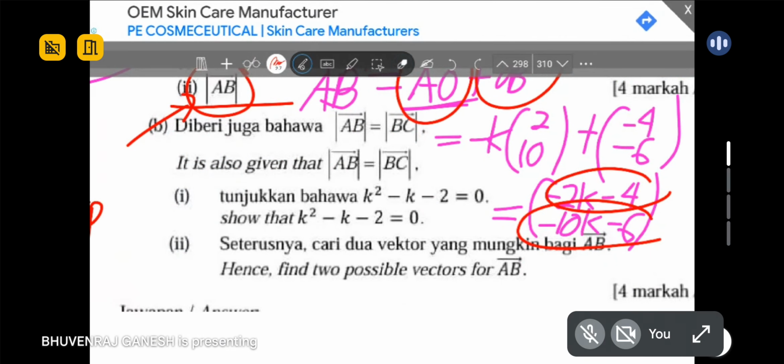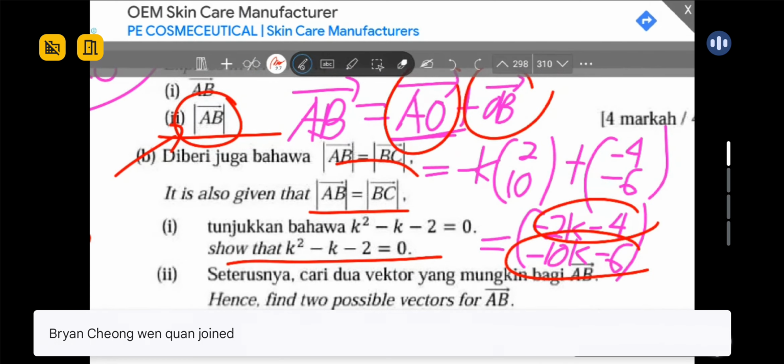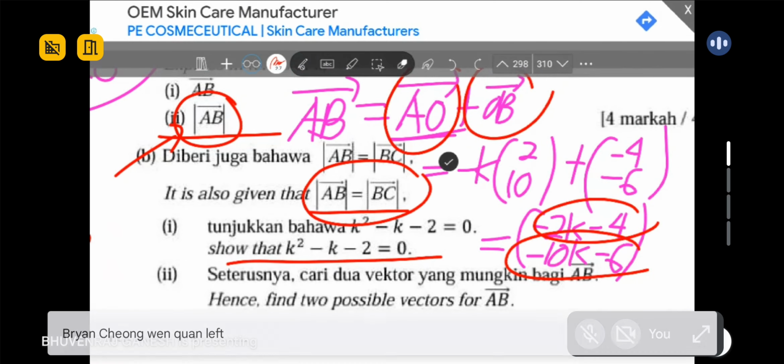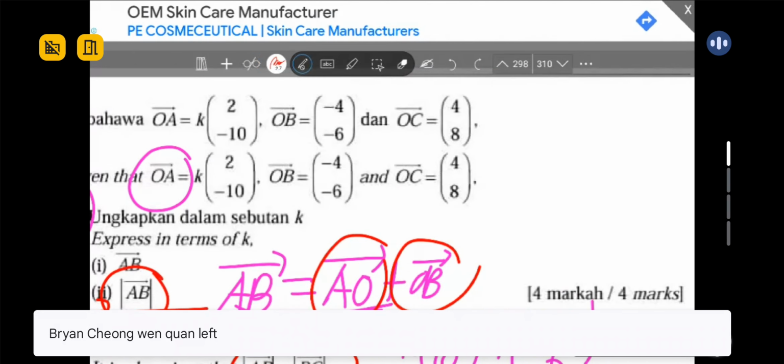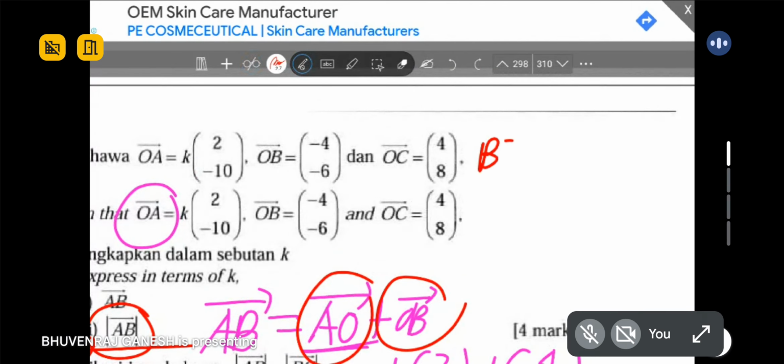Okay, then they tell you another thing. AB equal to BC. They want you to show this, guys. Kamu kena buktikan. So, of course, you're going to use this information. Am I right? So, BC, you must find the vector also. So, BC equal to BO plus OC.